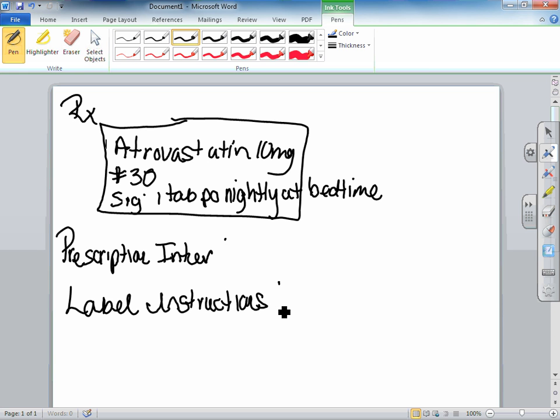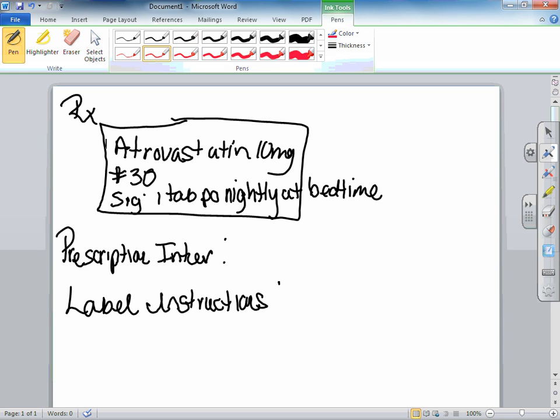But what is the difference between the two? What are these problems telling us? Well, when it says prescription interpretation, you are to read the prescription as you see it. All right? Again, prescription interpretation is you reading the prescription as you see it.